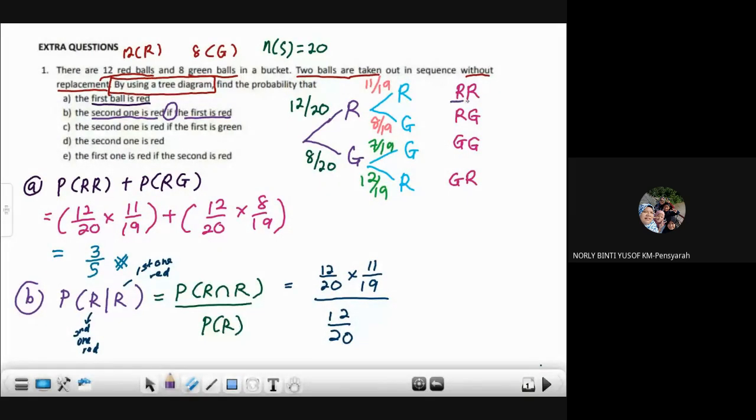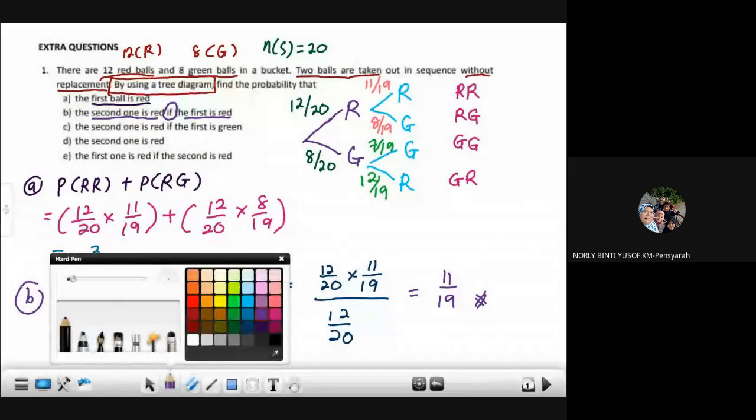Okay, sebab you ada satu je kat sini. Red given red. Okay, so you calculate, you will got 11 over 19. So that will be your answers. Okay, so that is for B.